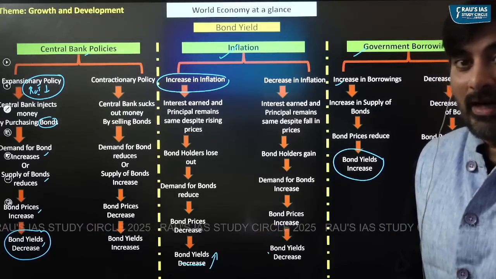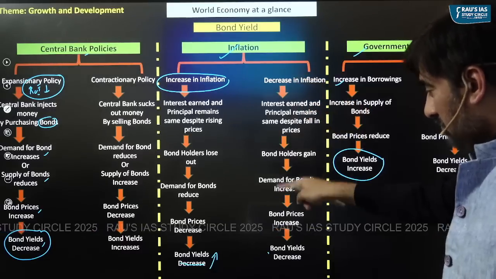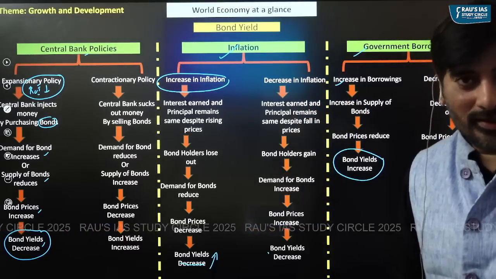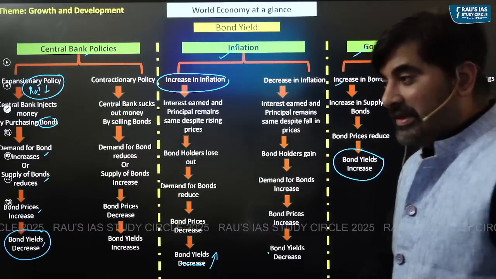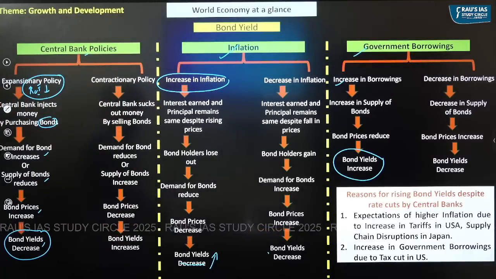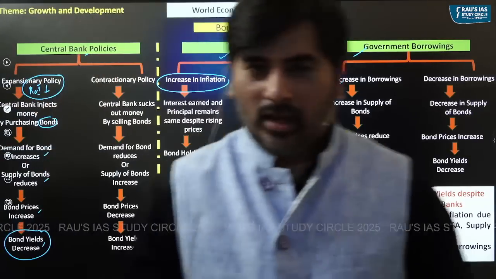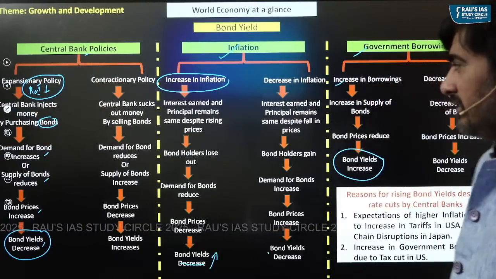Think about Japan. In Japan, what is happening is inflation rate has increased, bond yields will also increase. So these are some of the reasons as to why the bond yields are increasing despite the rate cuts by the central banks.